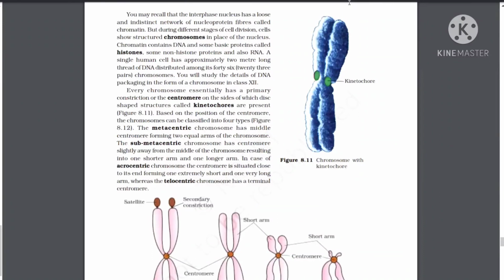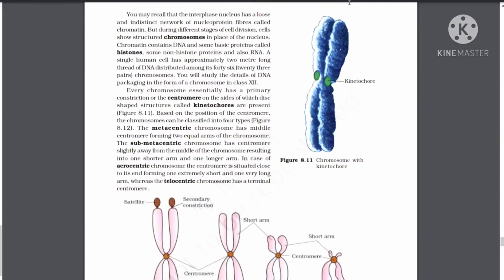A human cell has nearly 2 meter long thread of DNA, which is present in nearly 46 chromosomes, that is 23 pairs, out of which 44 chromosomes are autosomes, and only the last pair is the sex chromosome, also known as allosome.